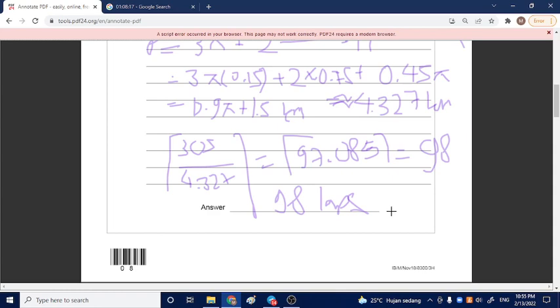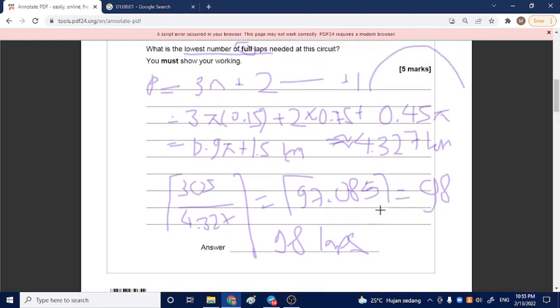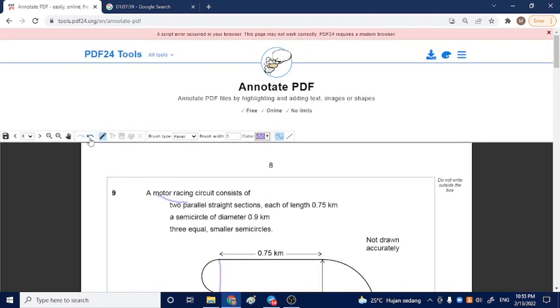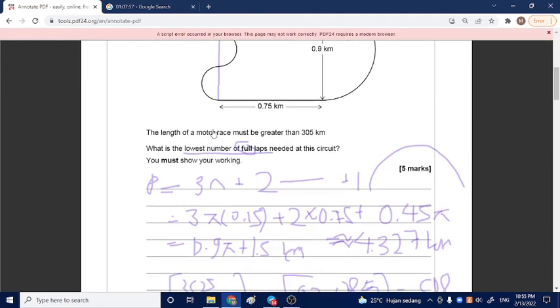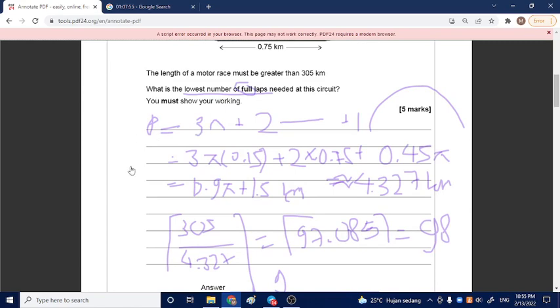Wait, did I input the wrong thing? Wait, why is it 4 times 98? Oh, I put the wrong value. Oh my god. 305 divided by 4.327, it's not divided by pi. Let's revise that.